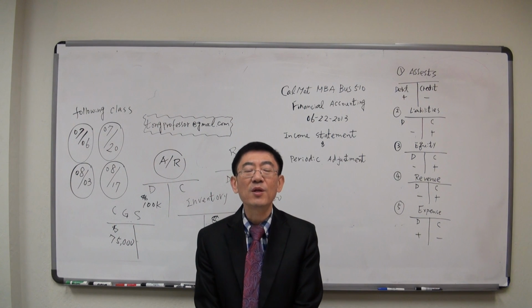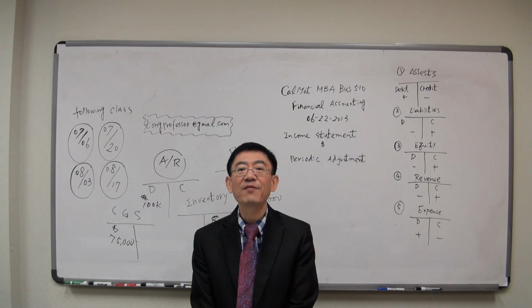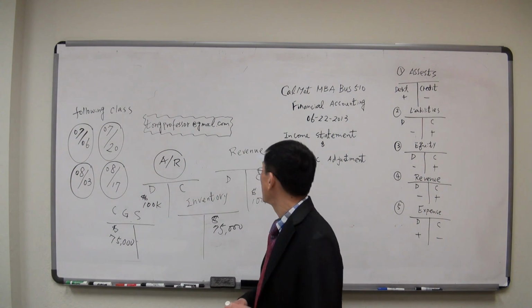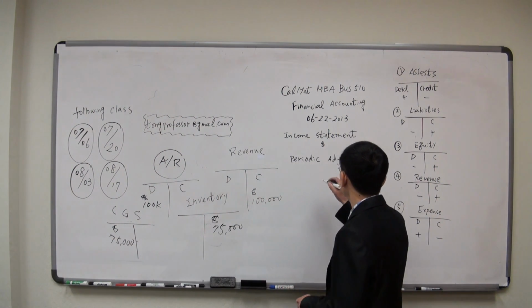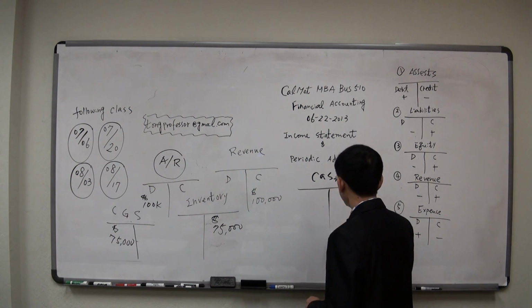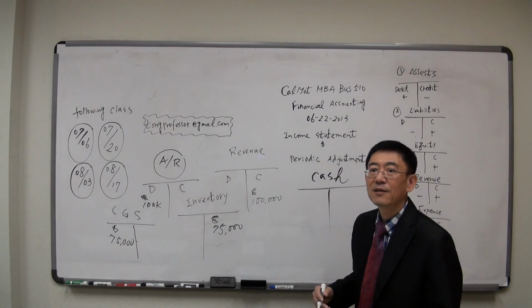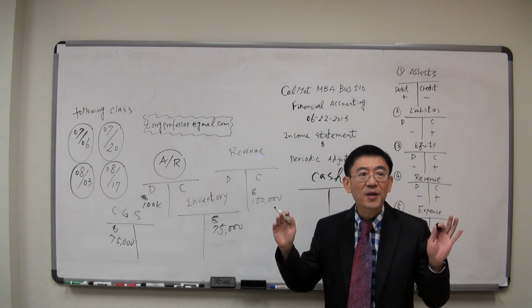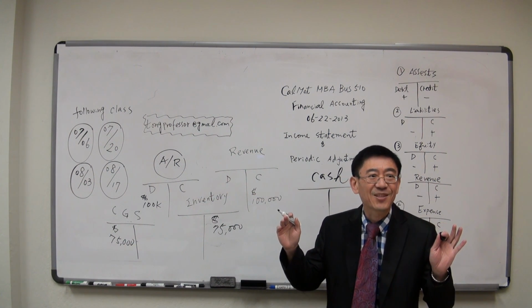The tip is whenever a transaction involves cash, we pick our cash account, right? So on the day we receive cash, we have the cash account. At this moment it's a no-brainer, right? Cash is assets.